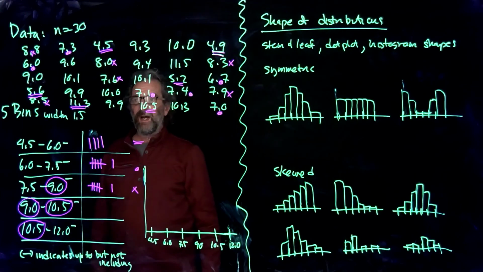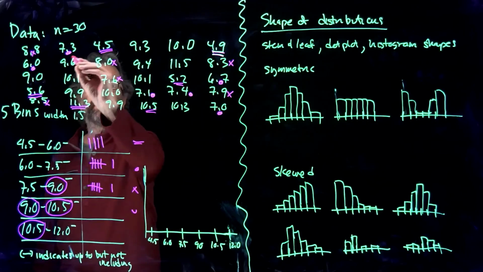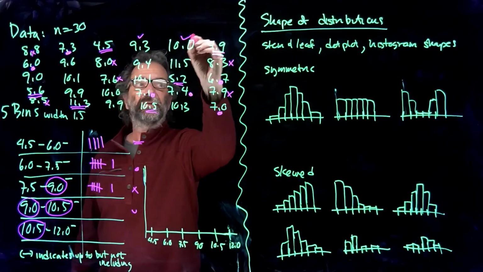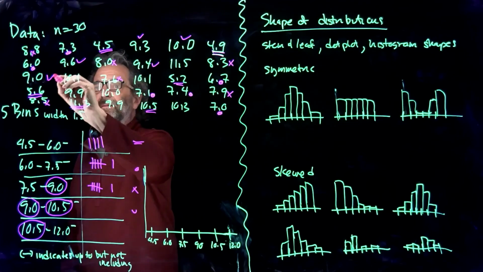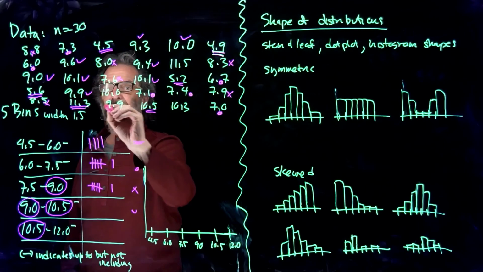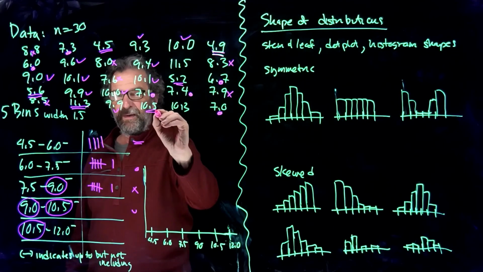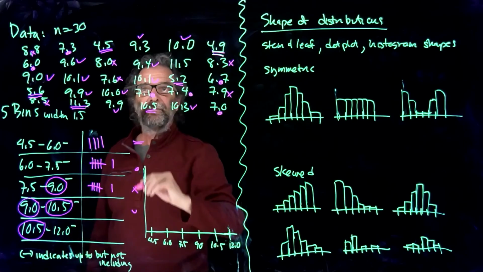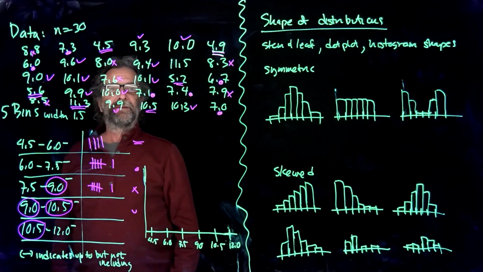Now we're doing 9 to 10.5. I'm going to use check marks now. 9 to 10.5. 1, 2. Is there a 10.5? No. This one's in though. Okay. Is there anything left?